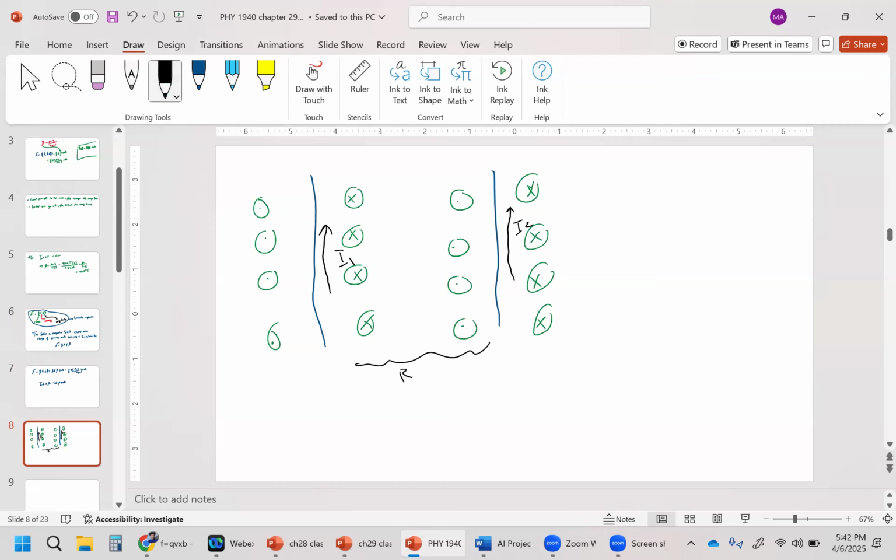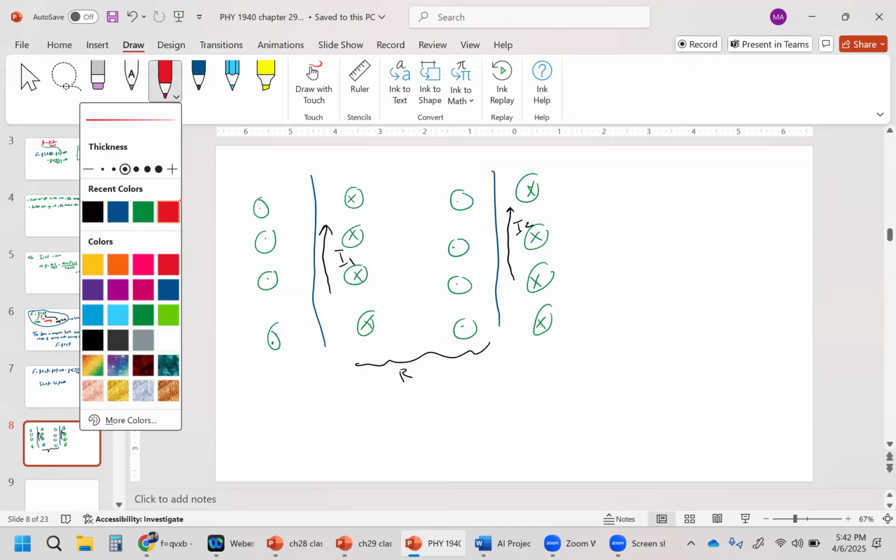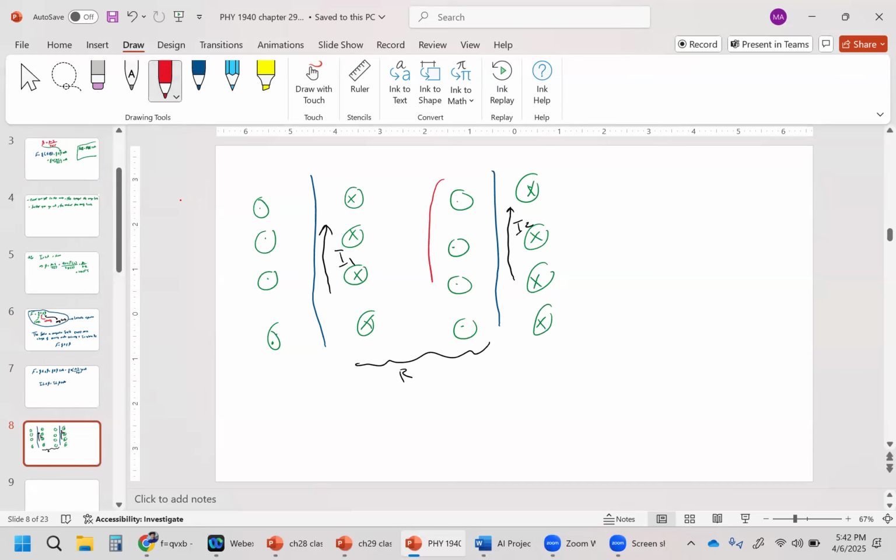Now, let's say the length of the wire is L2, this is L2, so this would be the length of L1.